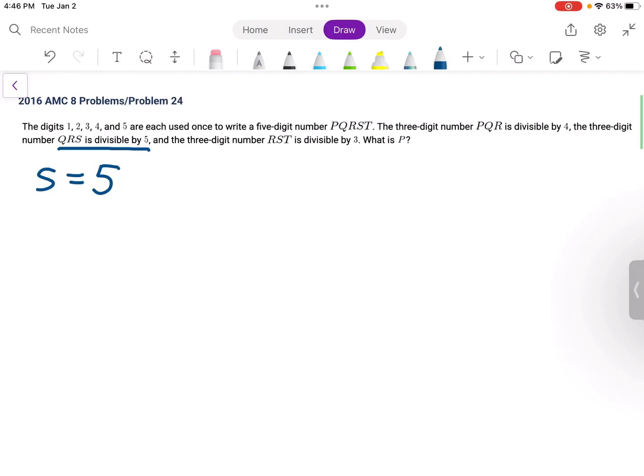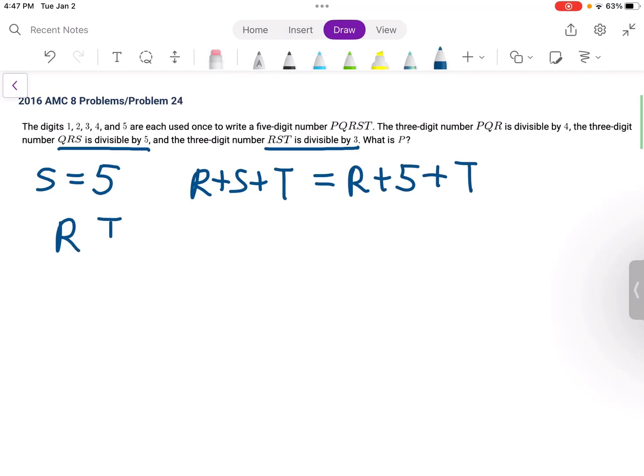Now because S is 5, for RST to be divisible by 3, R plus 5 plus T should be divisible by 3. And in order to achieve that, R and T can be either 1 and 3 or 4 and 3.